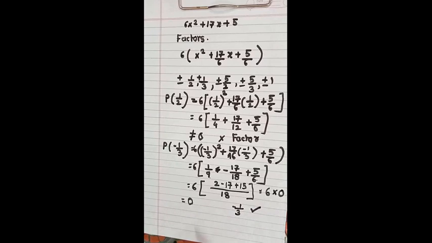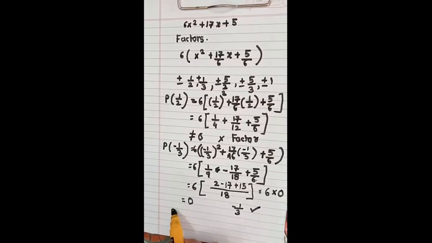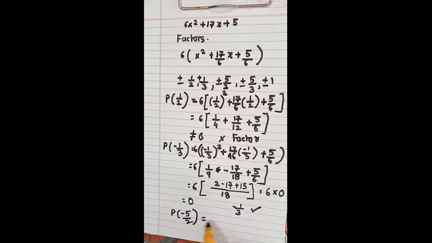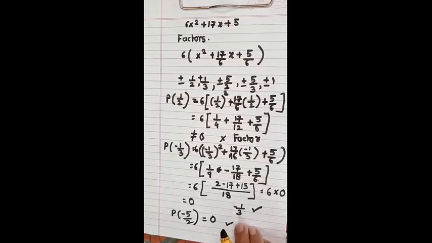Similarly, by trial you can find out that minus 5 upon 2 is a factor of this polynomial. So you get two factors, minus 1 upon 3 and minus 5 upon 2.